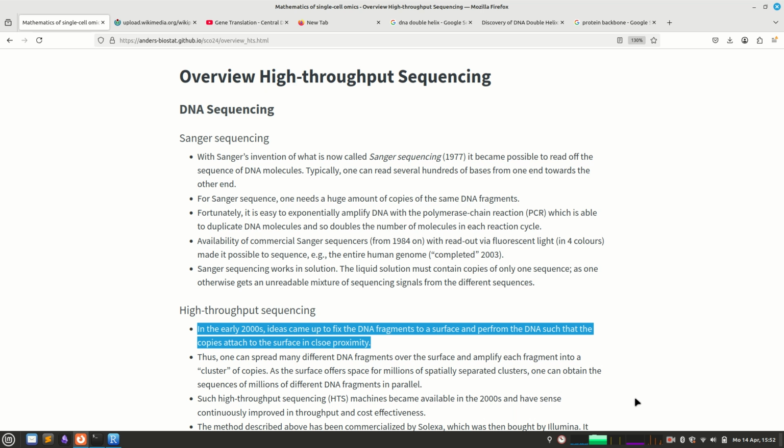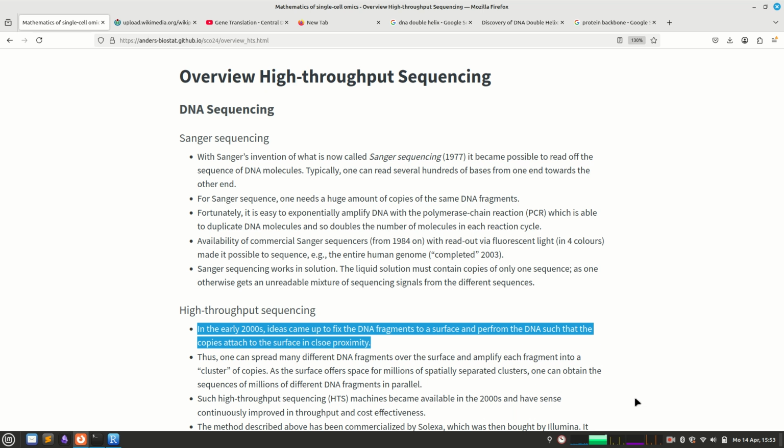of some kind of functionalized chip. So you have some so-called flow cell, which is just some block, and I don't go into technique here, but you come in with a mixture of many different DNA pieces.